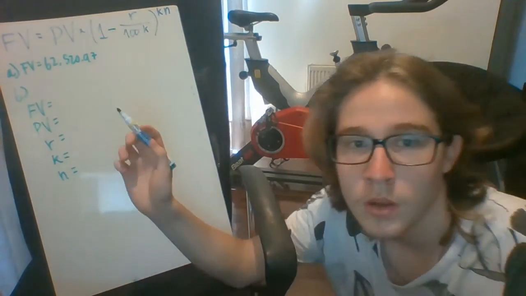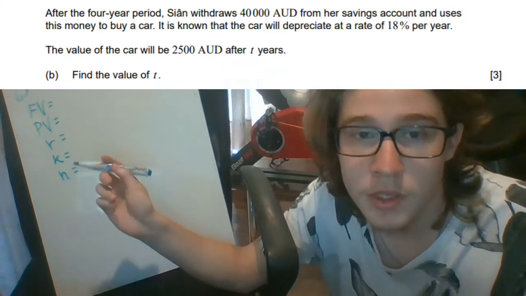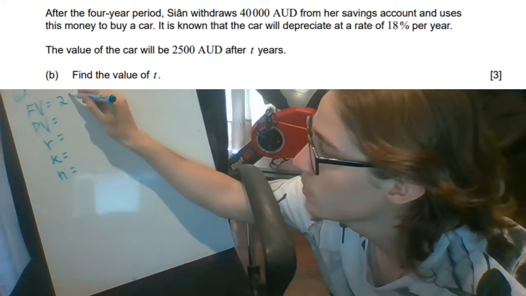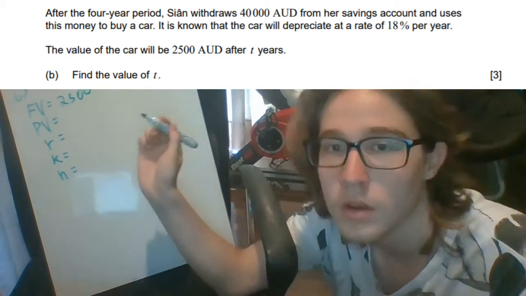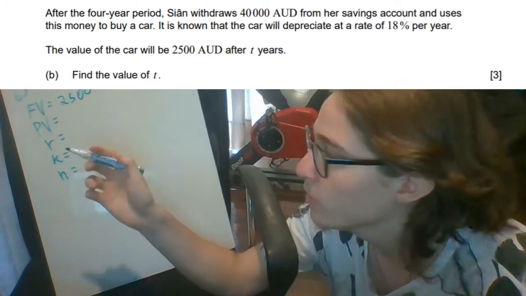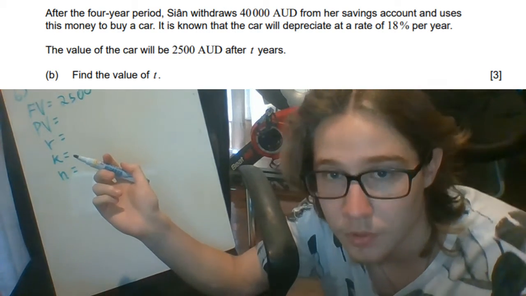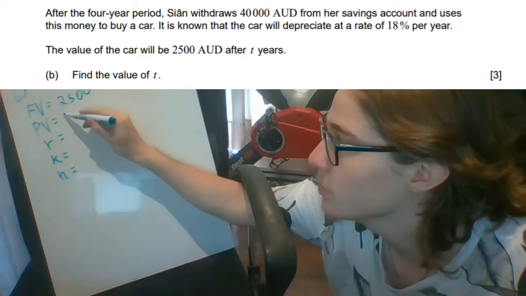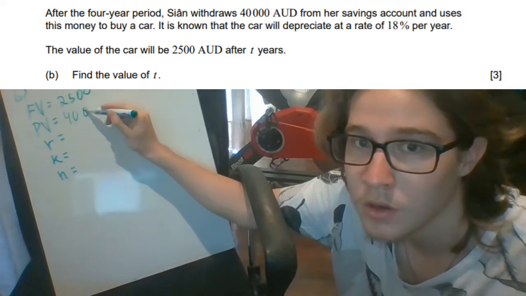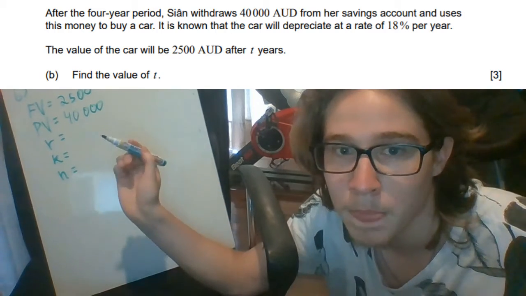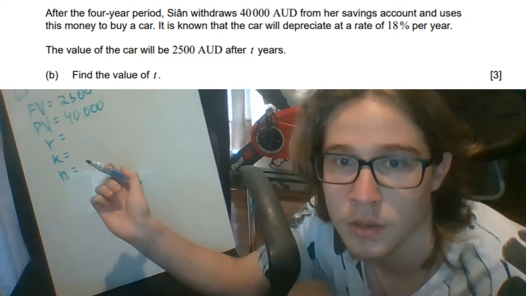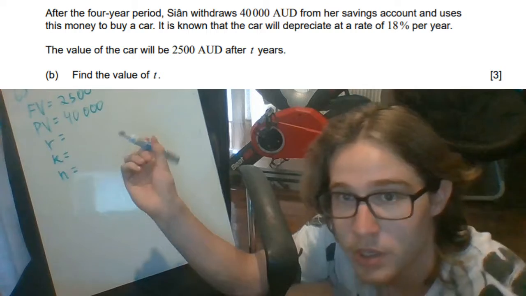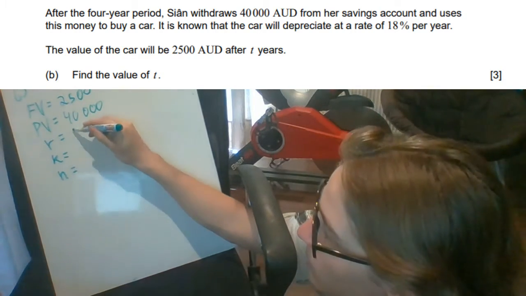So we know that the value of the car will be 2,500 AUD. We know that Cyan withdrew 40,000 Australian dollars and uses that to buy the car, so the present value of the car has to be 40,000 AUD. We know that it will depreciate at 18% per year.